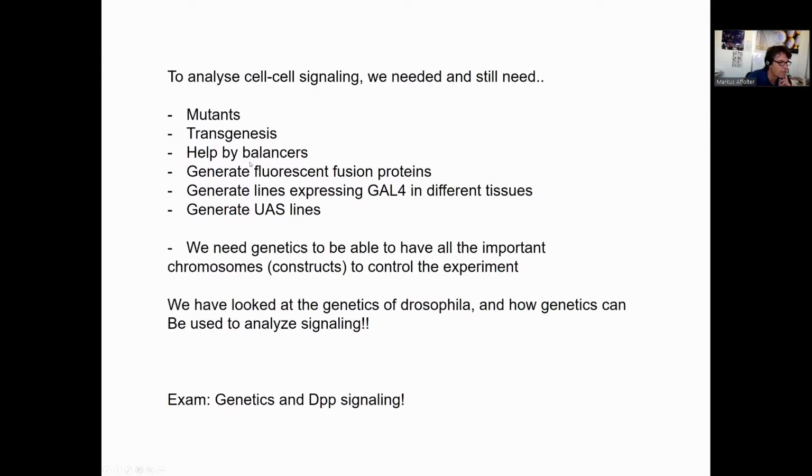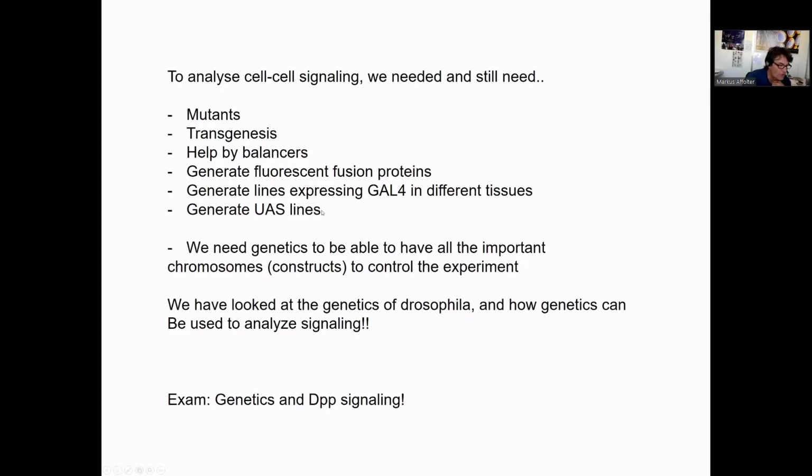If you use P elements, you also need balancers because you want to see where your chromosome is. We start to have many chromosomes that we need. We need to generate a fusion protein, fluorescent fusion protein, to see where the protein is. Then we want to manipulate the expression of these proteins. We need maybe a GAL4 line. We need UAS lines.